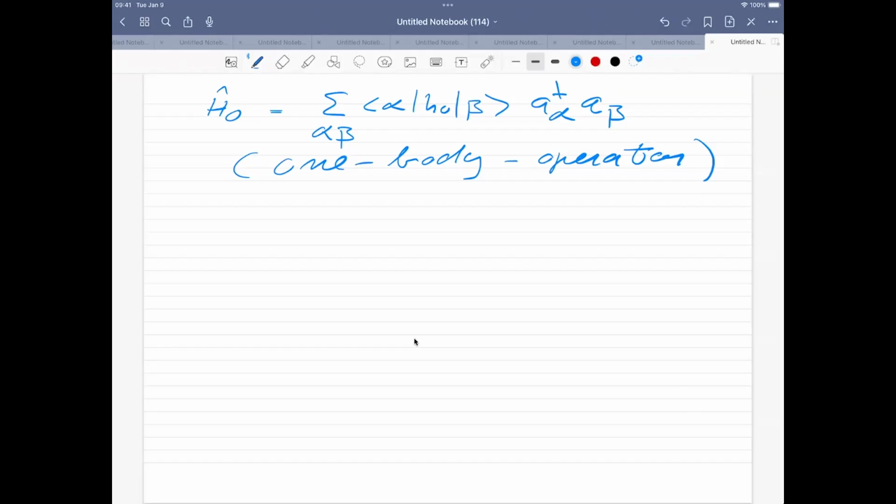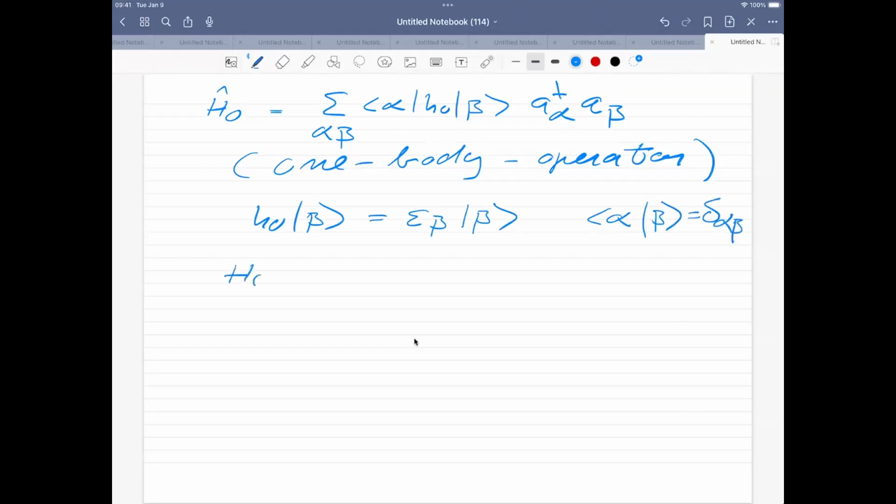So let's now assume that this is the single particle one-body operator of the Hamiltonian. And earlier we have said that when we act on this state, this should be equal to an epsilon beta times B. So we can assume that this basis is an eigenbasis. And if that is the case, life becomes much simpler because we also have a Kronecker delta between the basis sets. So we have a delta alpha beta.